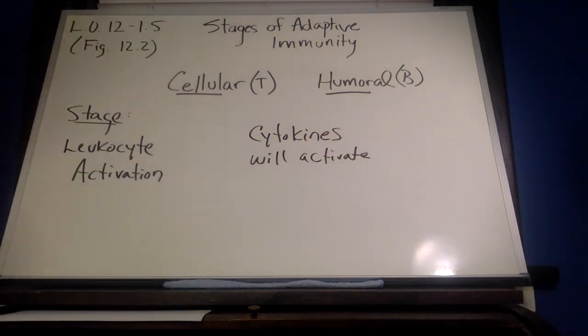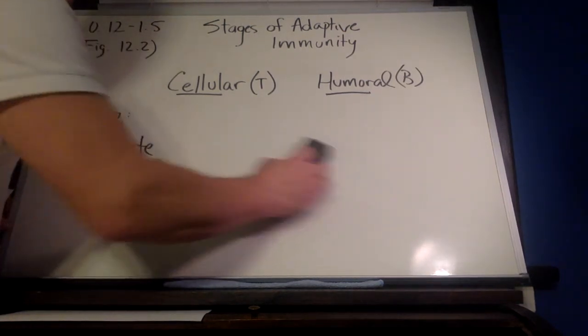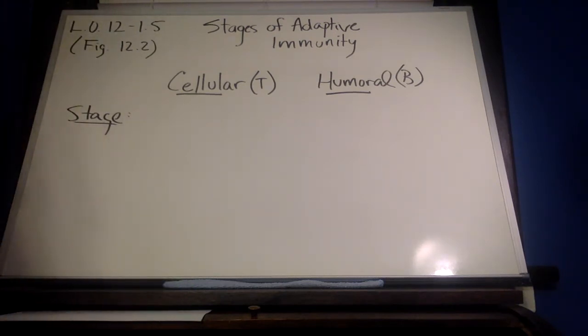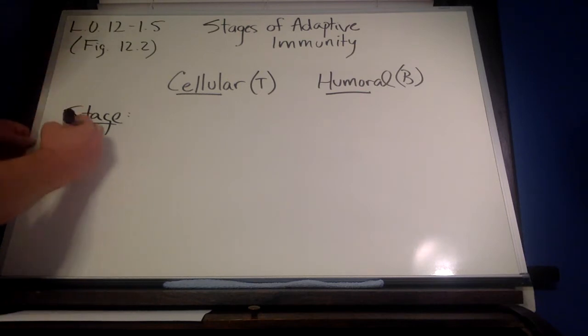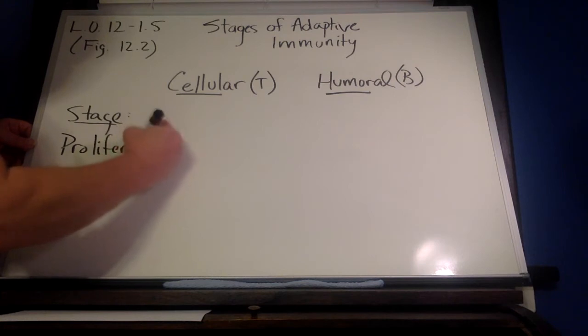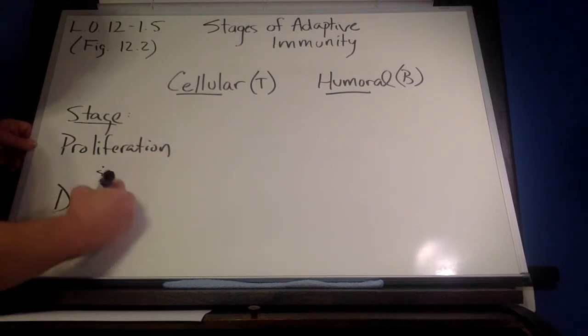So what does it mean to become activated? That moves us into stage 3. To become activated means that we will proliferate and differentiate. So stage 3 is proliferation and differentiation.